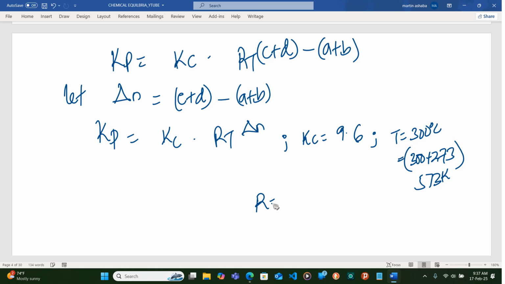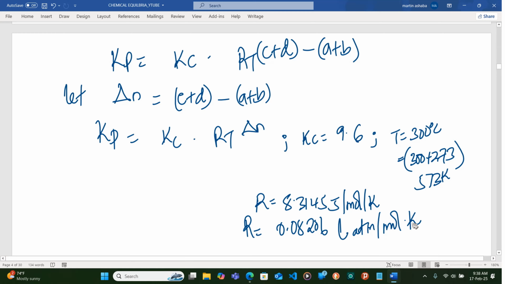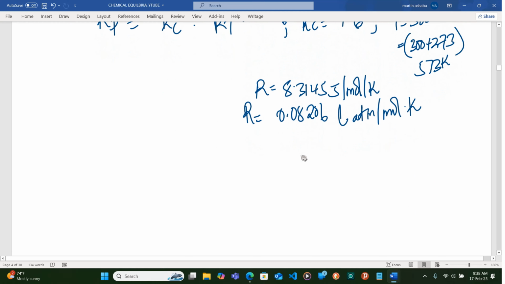R is the universal gas constant, and we can write it as 8.3145 in terms of joules per mole per Kelvin, but we also have the same R equivalent to 0.08206 liter atmospheres per mole per Kelvin. So since we have the partial pressures always in terms of atmospheres, we are going to use this R. So what does that mean?